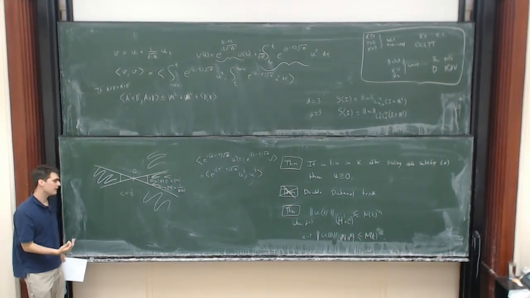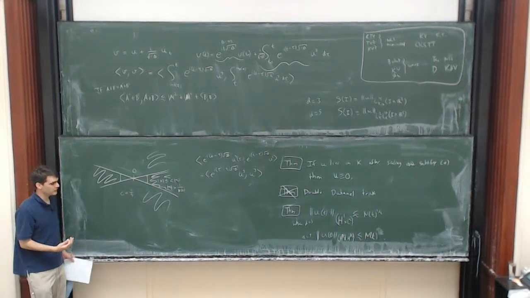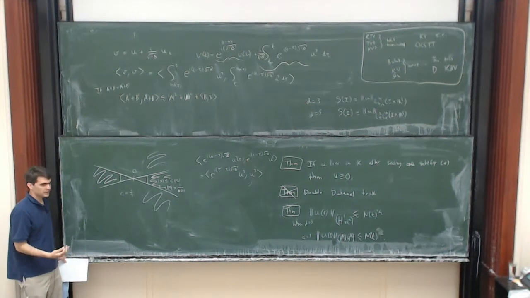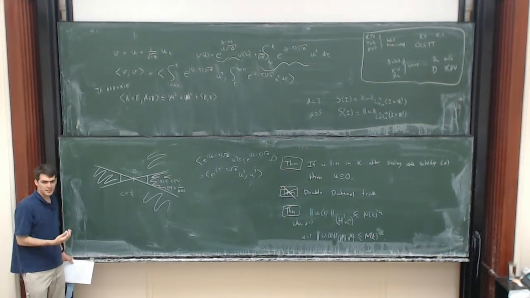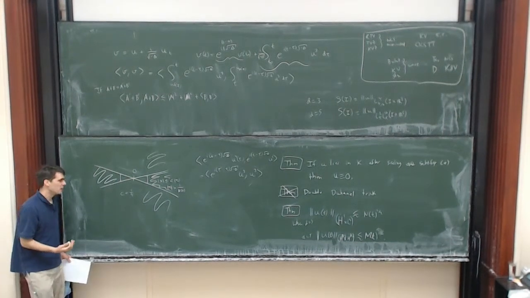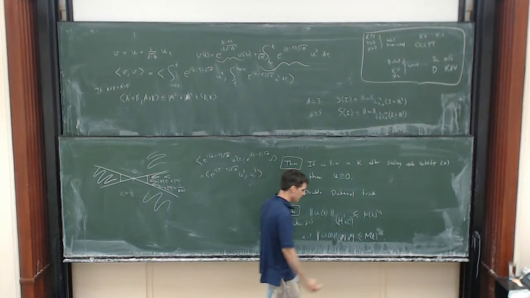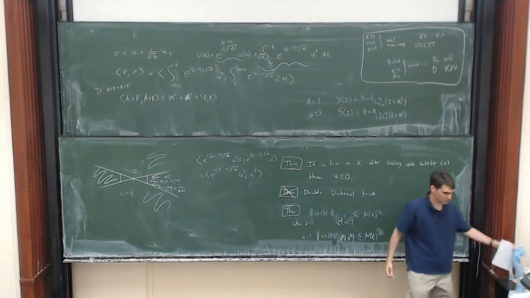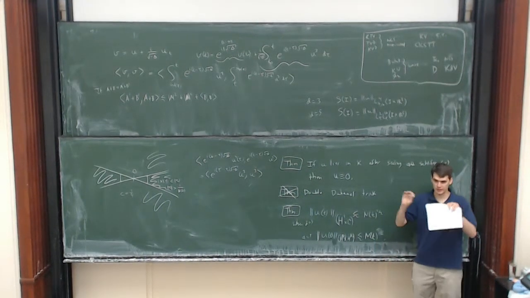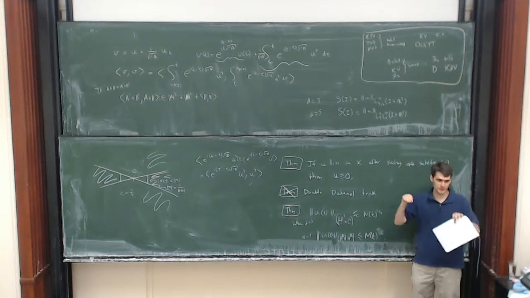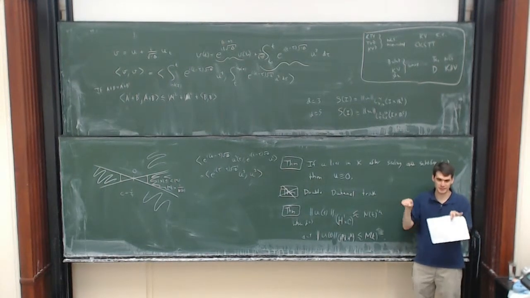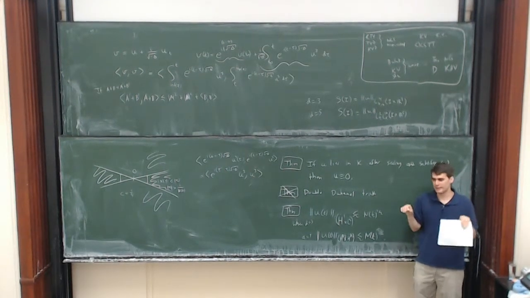Now, I'm glossing over some things, because if you're taking a half derivative or whatever, it's a non-local operator. But this kind of heuristic still works if you take your frequency truncations carefully and things like that.